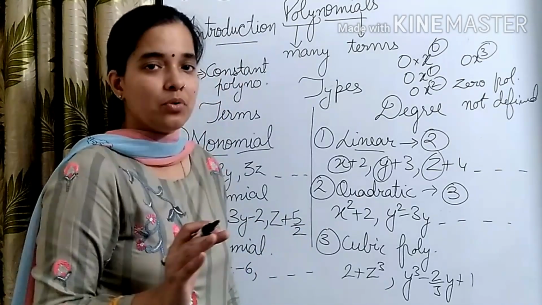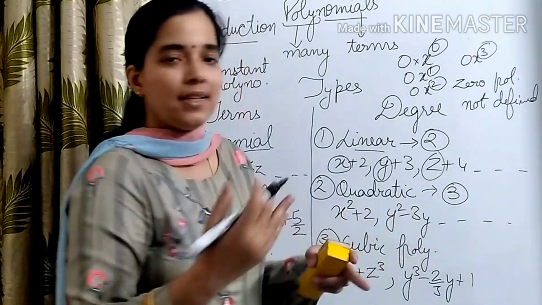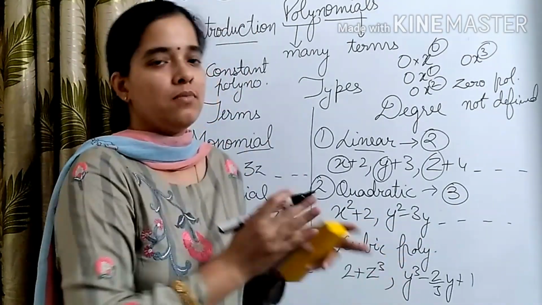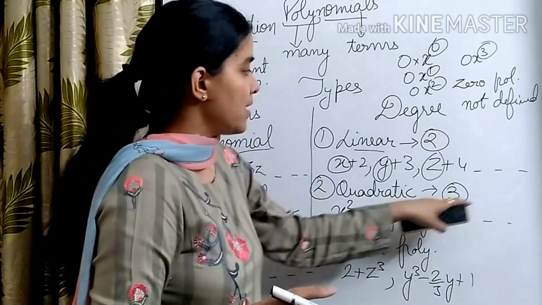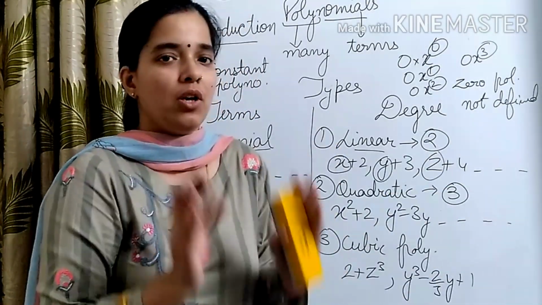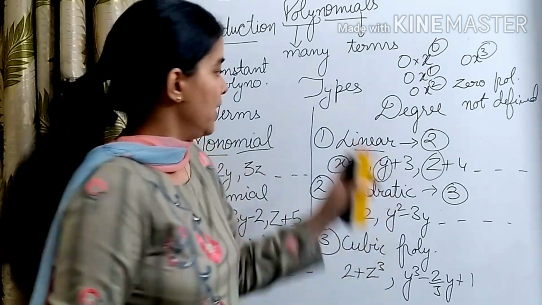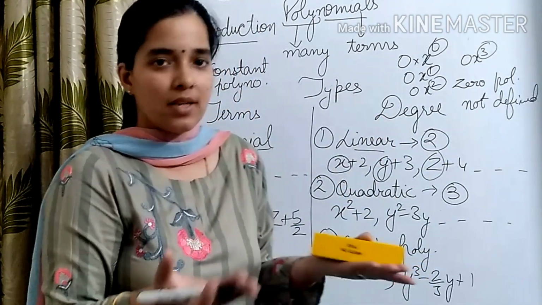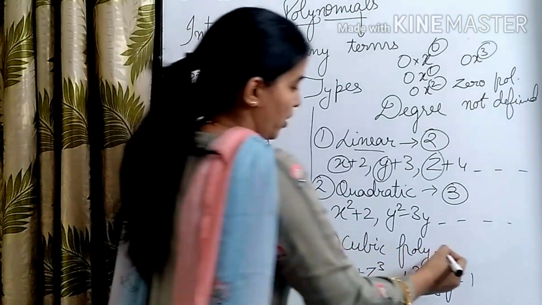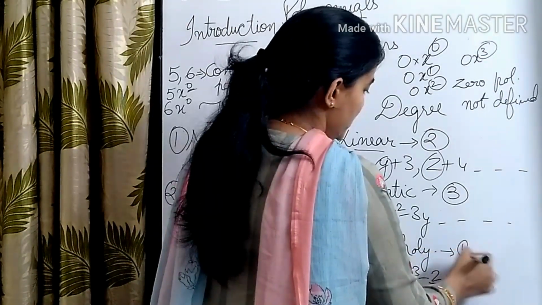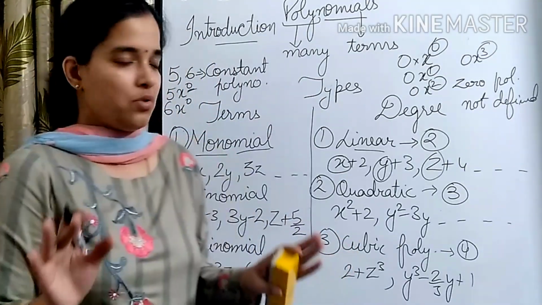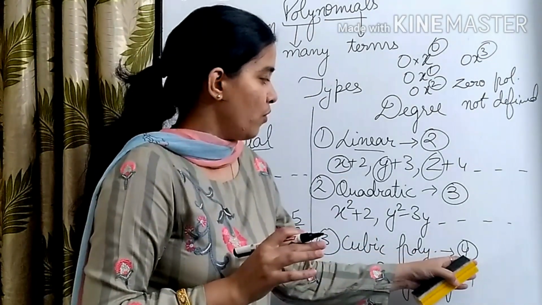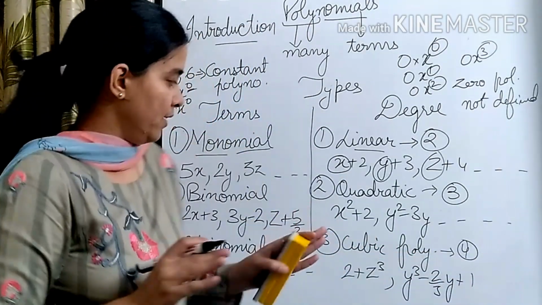At most का मतलब ये होता है कि 3 से ज्यादा नहीं हो सकते, 3 से कम जरूर हो सकते हैं, लेकिन 3 से ज्यादा टर्म्स क्वाड्रेटिक पॉलिनोमियल में पॉसिबल नहीं है. इसी तरह लीनियर पॉलिनोमियल में 2 से ज्यादा टर्म्स नहीं हो सकती और क्यूबिक पॉलिनोमियल में 4 से ज्यादा टर्म्स नहीं हो सकती. So at most only 4 terms are possible in a cubic polynomial.